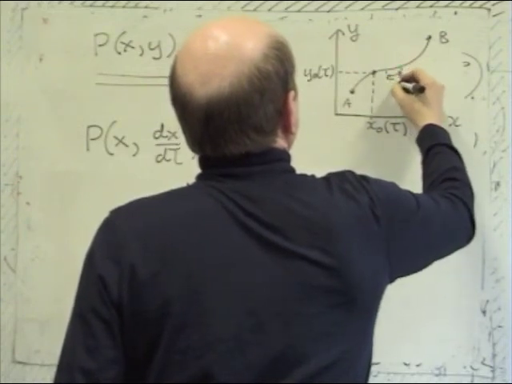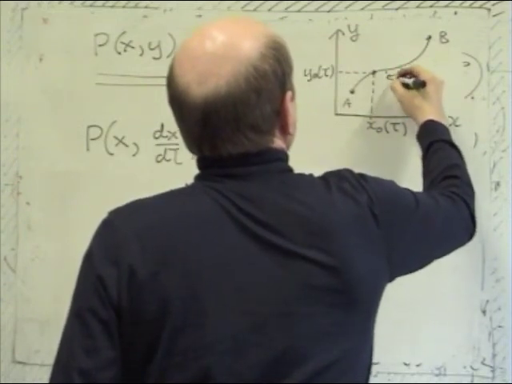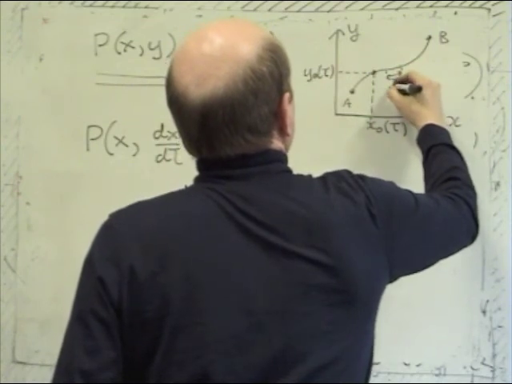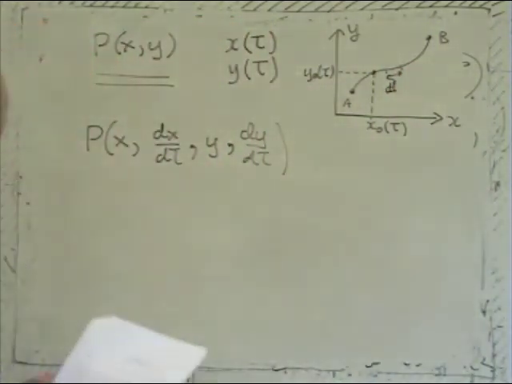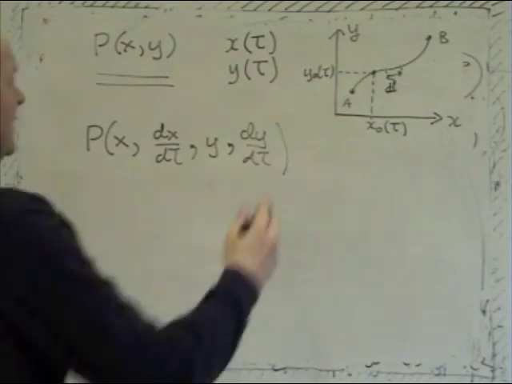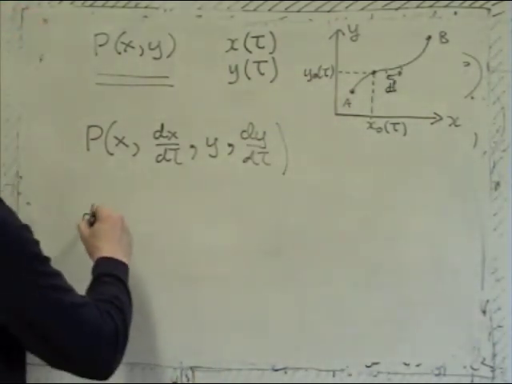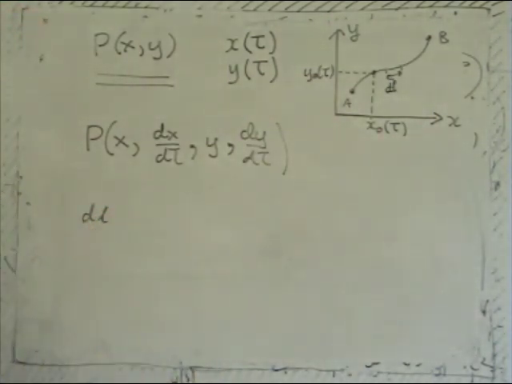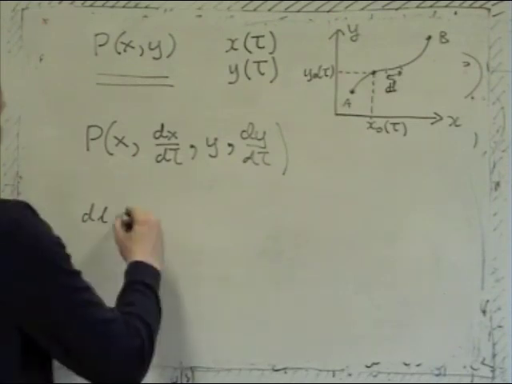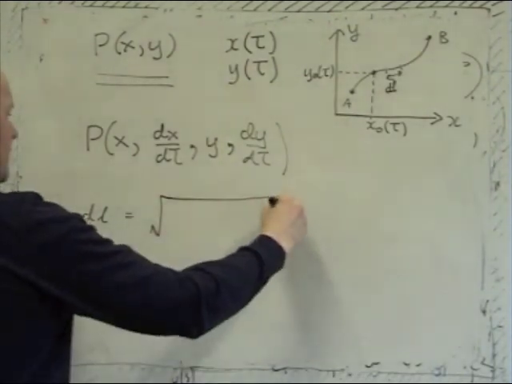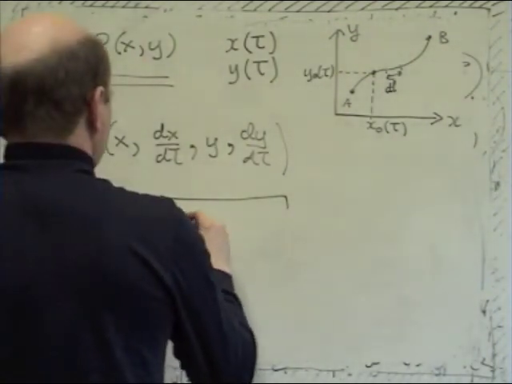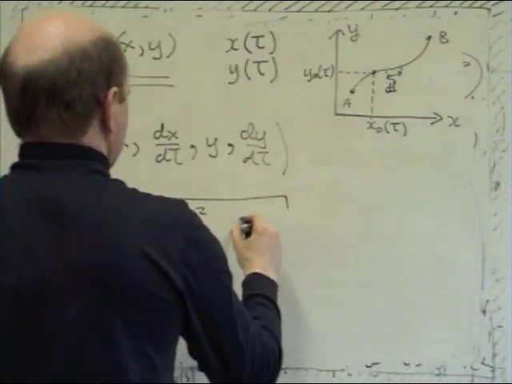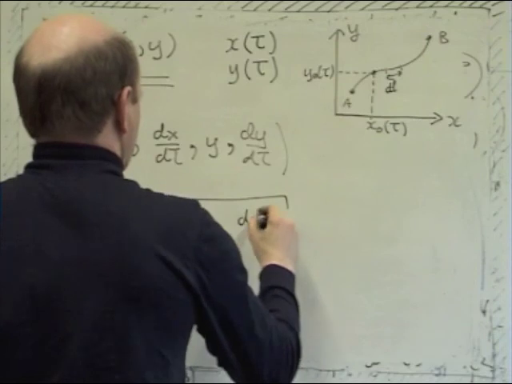So let's call one of these little segments, we'll say its length dl, right? Now, the change in that little length dl is going to correspond to the square root of the sum of dx squared and dy squared.